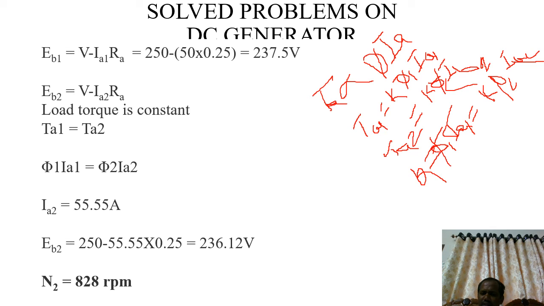From this, K is cancelled. You will get the equation phi1 IA1 is equal to phi2 IA2.